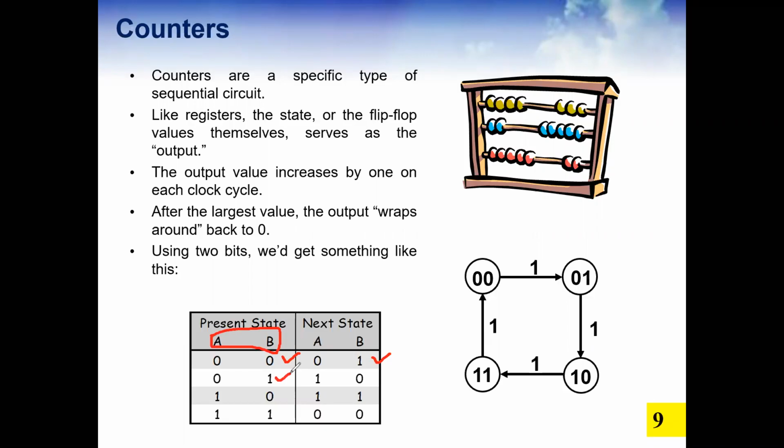From this present state, next is going to be 10. This next now becomes my current state, and from 10, next is going to be 11. This next state is my present state now. From this present state, I go to 00. Is it clear how it is working?